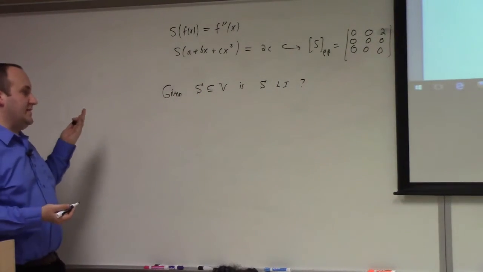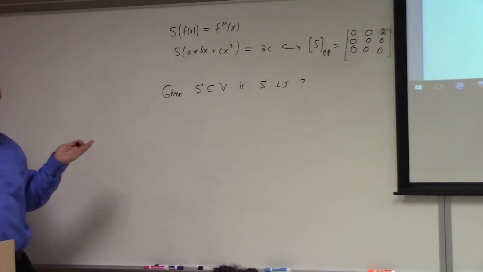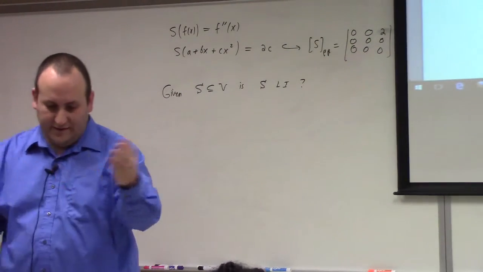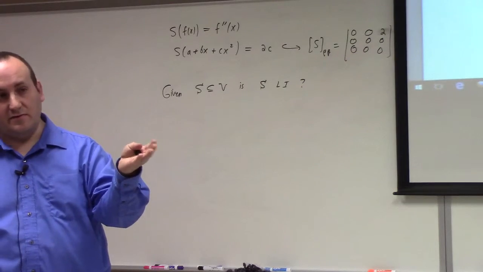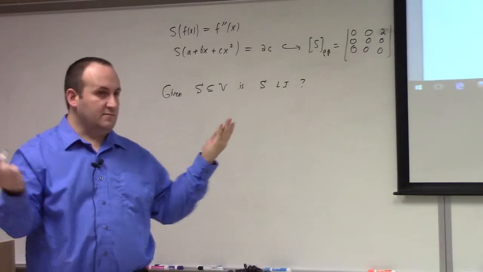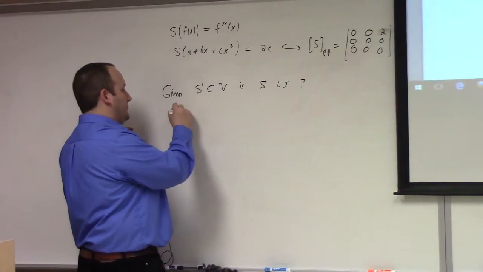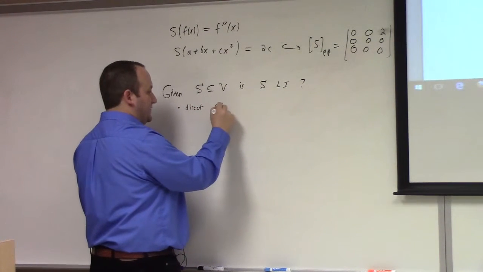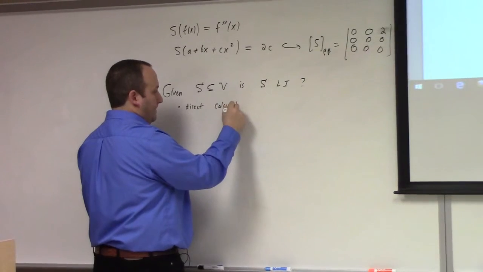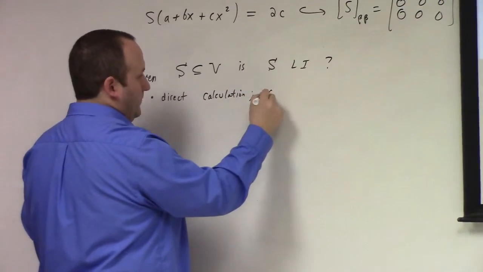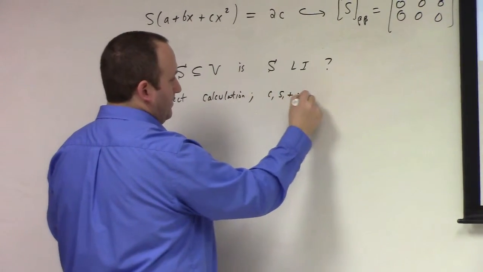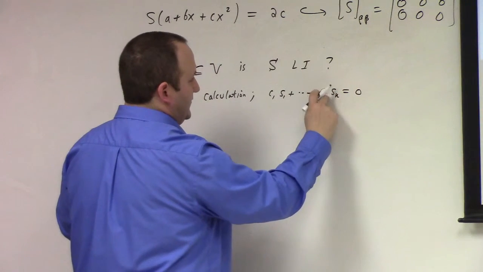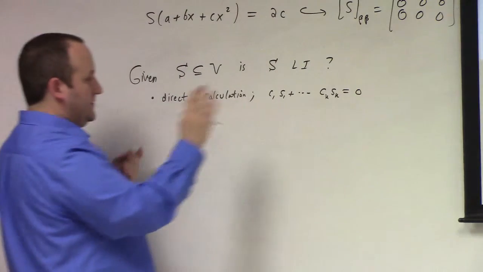What's an approach you can take to this problem? There's a couple different approaches. You could attack it directly: set a linear combination of the vectors in S equal to 0 and try to show the coefficients are 0. One would be just direct calculation. Sometimes that's the way to go, from the definition. That's one way we could go.